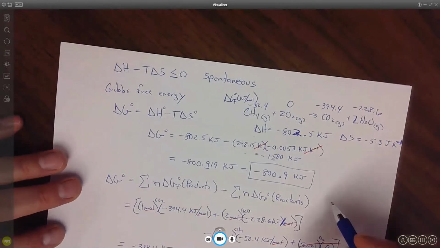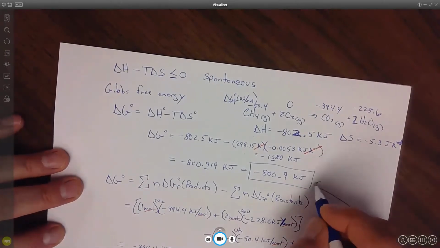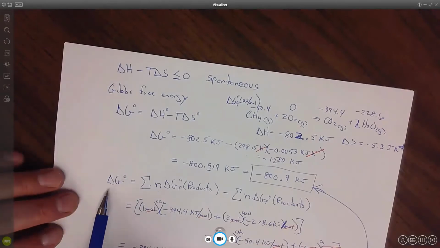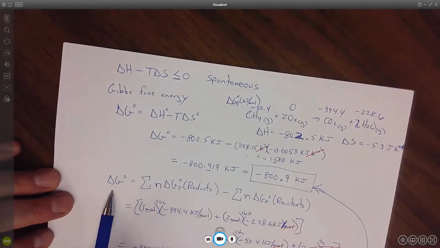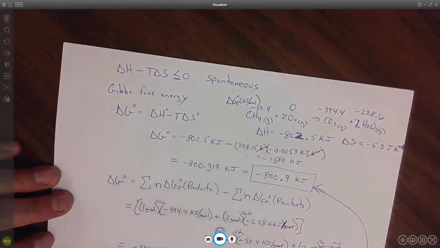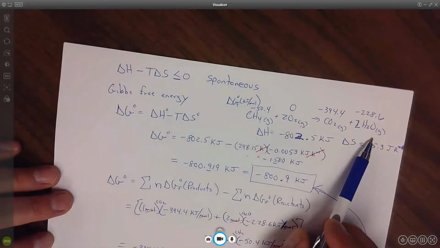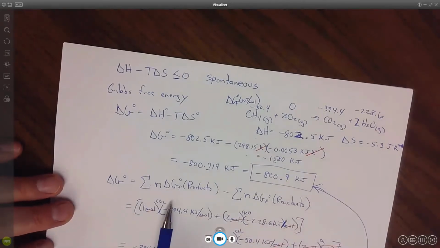Now, these two numbers are virtually the same. Okay? They're virtually the same. And that's because the free energy of formation, just like the enthalpy and entropy, was a state function. It didn't matter what path we took, whether we took this path, or in the case of the summation law, remember what that represents.